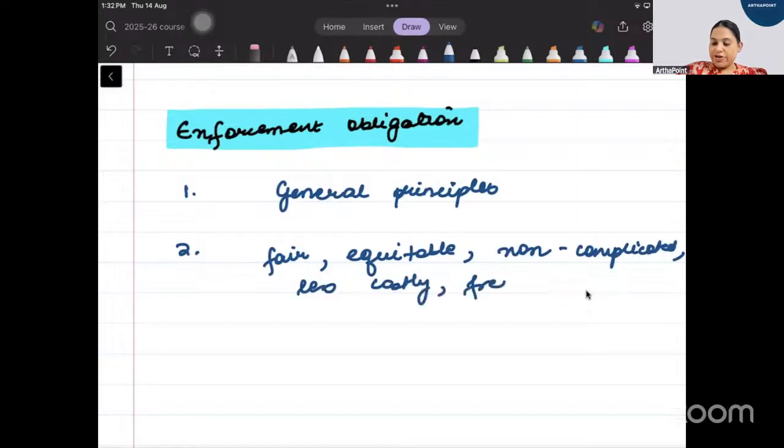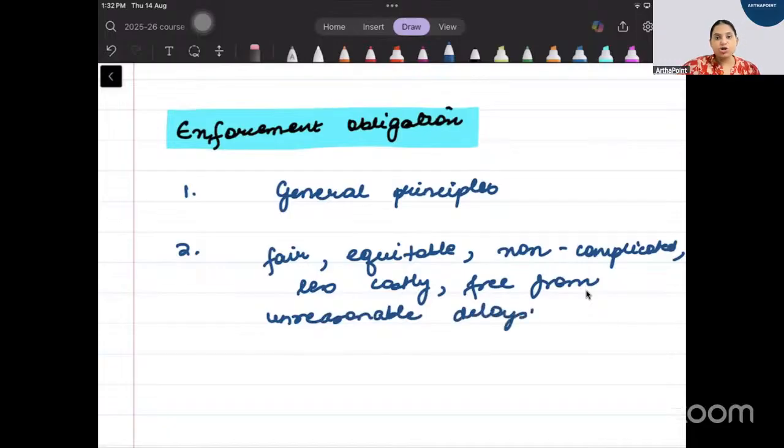It has to be free from unreasonable delays. So you remember in the last class, I told you कि transition period दिया गया था, which was different for different countries, right? There is a transition period which was for India, for developing countries, and a transition period for least developed countries.